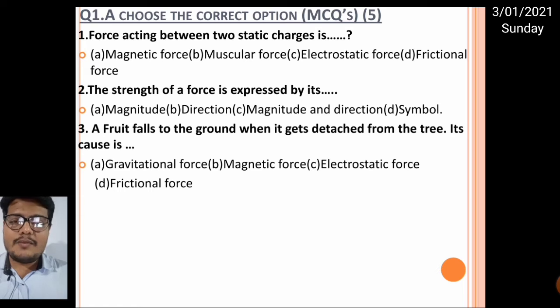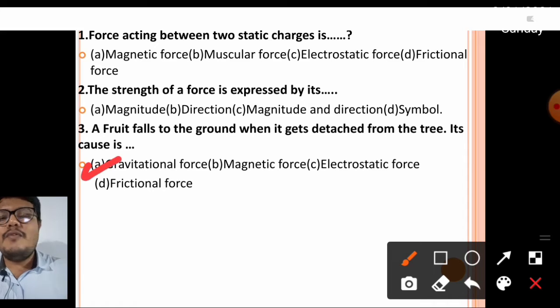So he was thinking about which force makes it come down to the ground, and why it doesn't fly away in the sky, right? After that, the force was discovered, and that force is named gravitational force. So our answer will be gravitational force here.